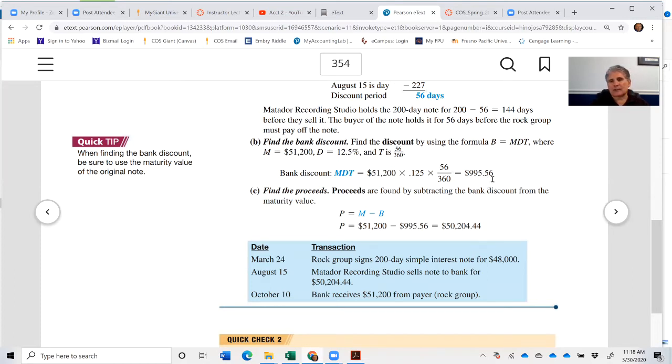So with that discount of $995.56, we're going to take that discount and subtract it from the maturity value. $51,200 minus the discount. So the bank will pay the recording studio $50,204.44. They're going to pay them the $50,204 and expect to receive $51,200 from the artists in 56 days.